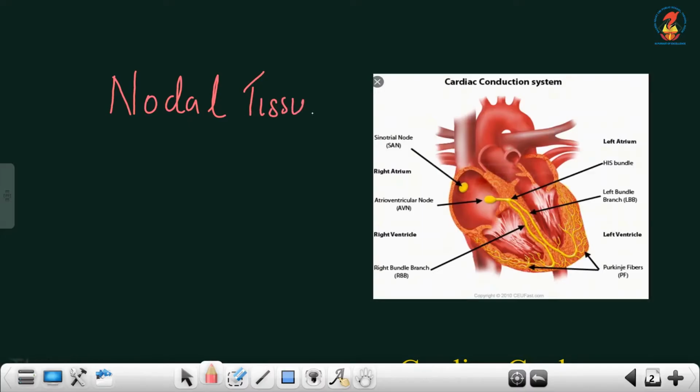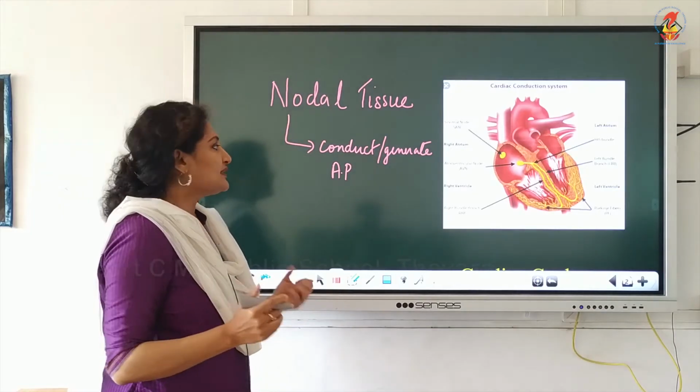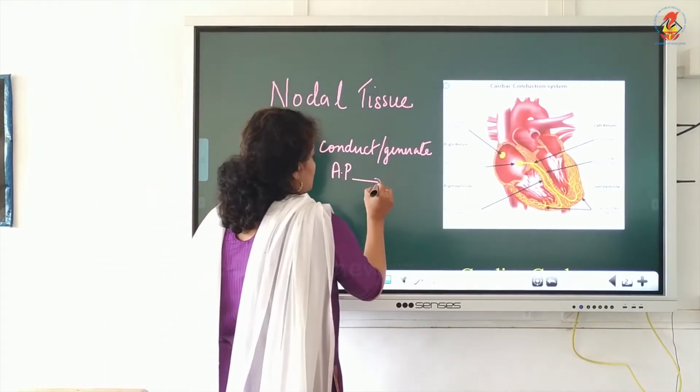The speciality of this nodal tissue is that it can conduct or generate action potential, and this action potential is propagated to the musculature of the heart and brings about contraction.